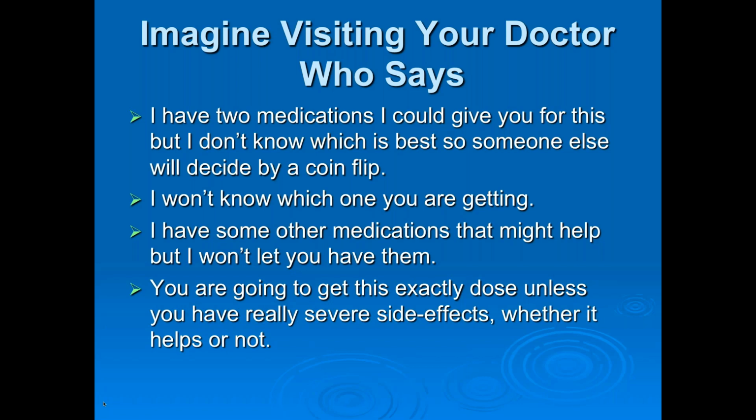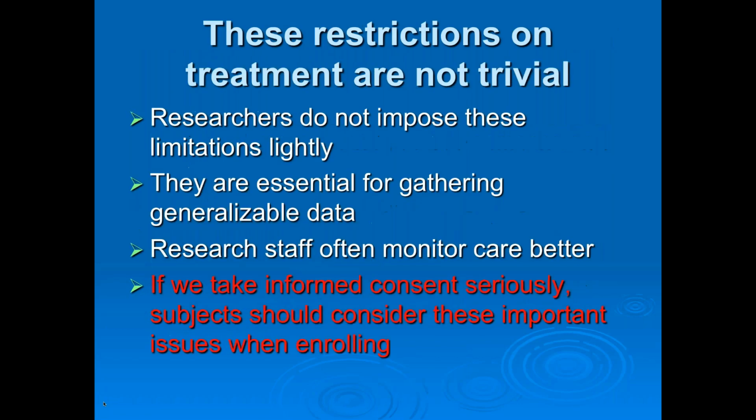I have some other medications that might help, but I won't let you have them. You're going to get exactly this dose unless you have really severe side effects, whether it's going to help you or not. Now, fairly obviously, we'd have trouble going to a care provider who said something like that. But that is, in essence, what you're getting when you get into a clinical trial.